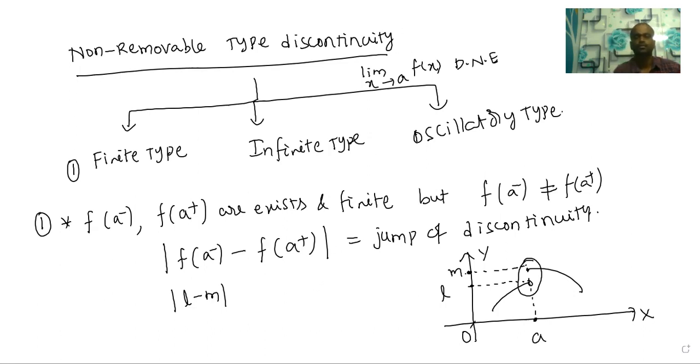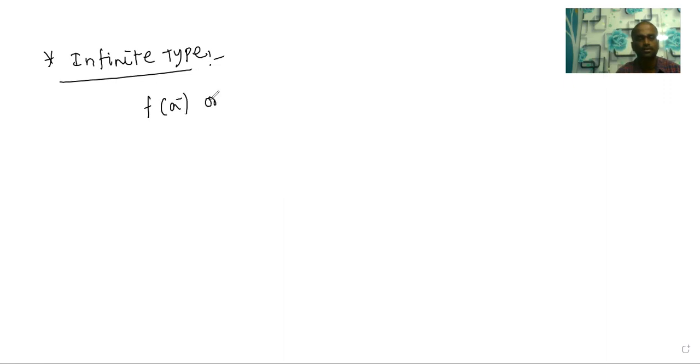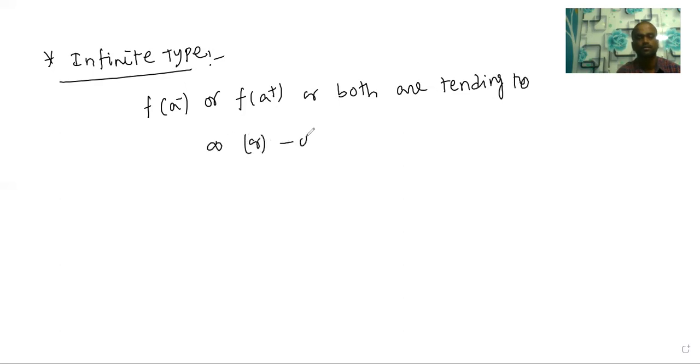Okay. Next, infinite type discontinuity. So in this type, either LHL or RHL or both are tending to either infinity or minus infinity.